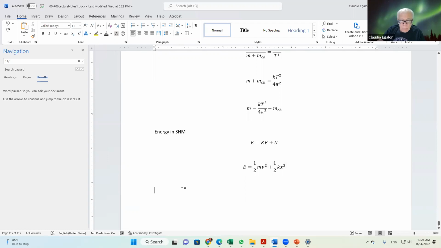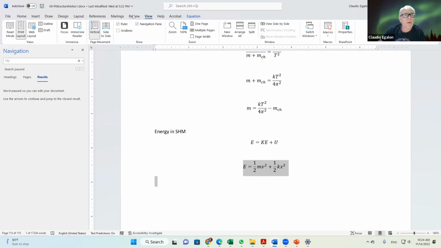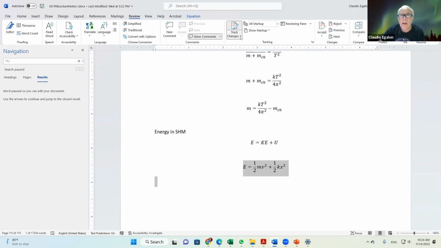Let's see. Oh, whoa. I gotta do something else. Sorry, folks. Track changes here. No markup. For everyone, just mine. Let's see. Do not show markup. Yeah, no markup. Okay, now I must have fixed it. Let's see if I fixed it. Yeah, now I fixed it.